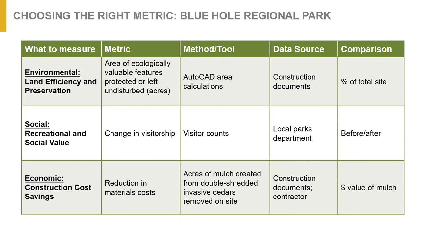So for land efficiency, percent of total site, which is pretty obvious, but sharing just the acres of protected land doesn't help because you might not know the size of the site. So when you say percentage, obviously it helps it be more understandable. For the visitorship, very straightforward, before versus after. It was a park before, so we're able to just compare before and after.